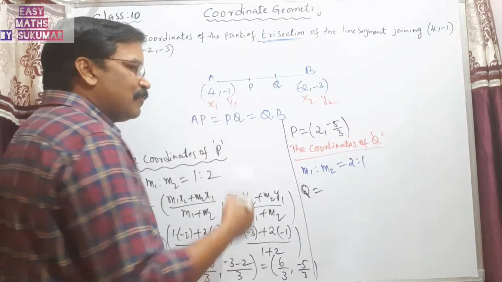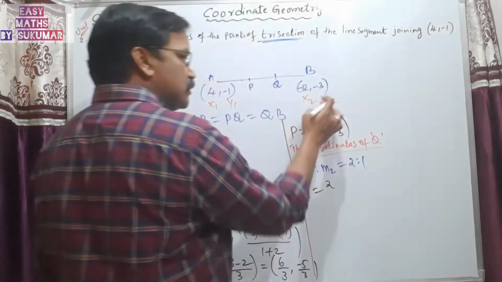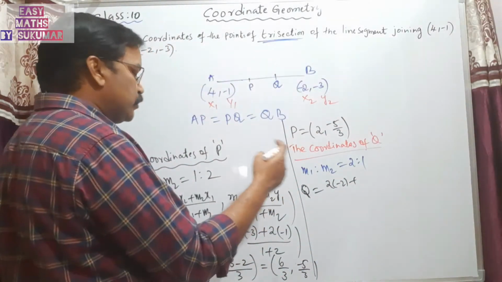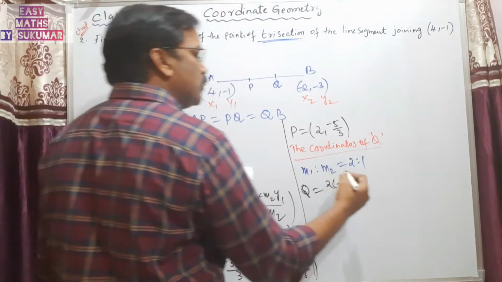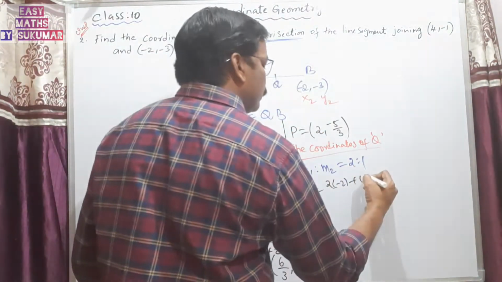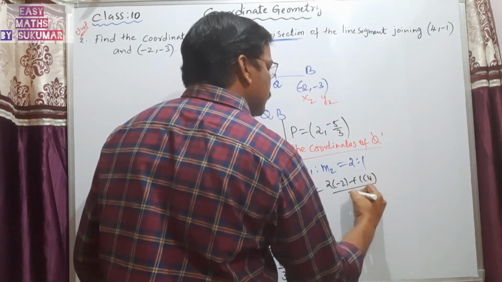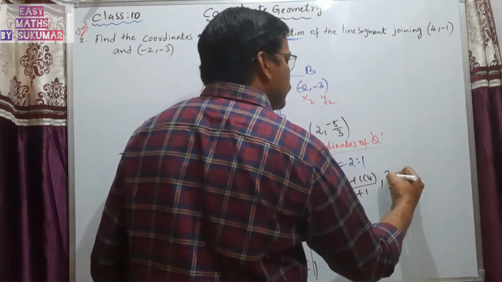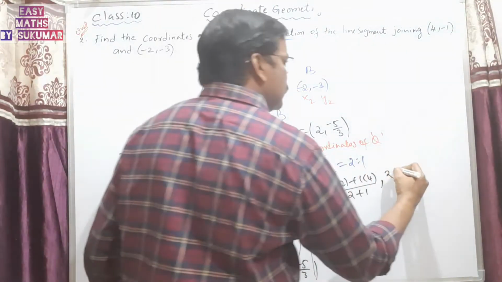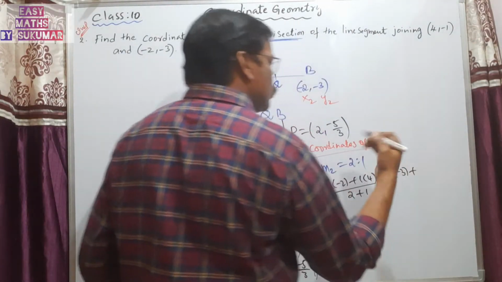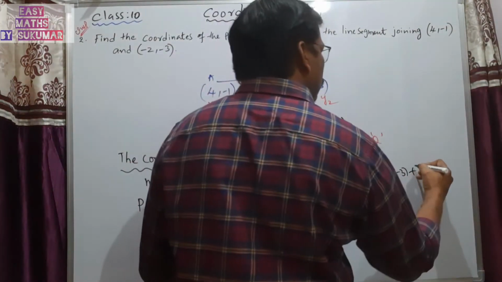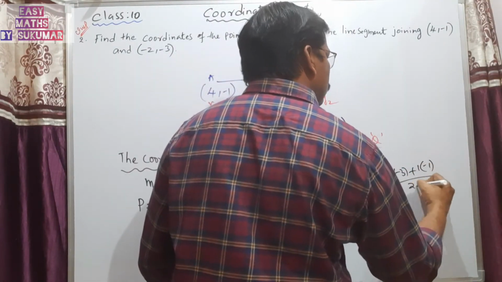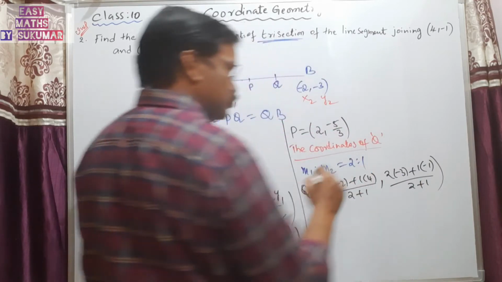So Q is equal to M1, which is 2, into x2, which is minus 2, plus M2, which is 1, into x1, which is 4, by M1 plus M2, that means 2 plus 1. Similarly, M1 into y2, that means minus 3, plus M2 into y1, that means 1 into y1, which is minus 1, by 2 plus 1, bracket closed.